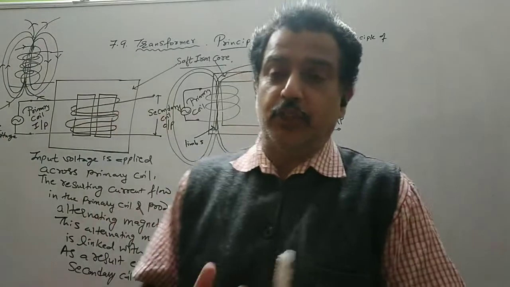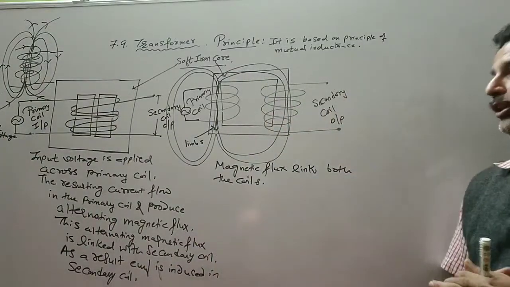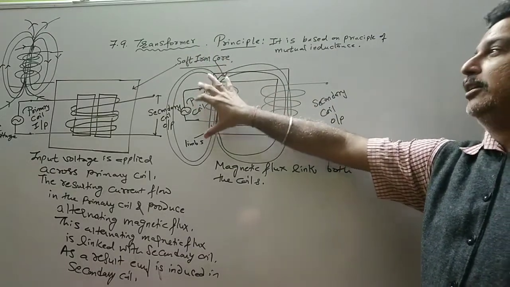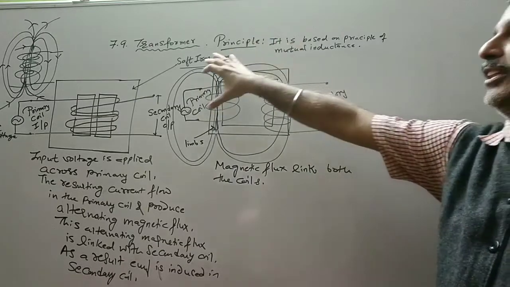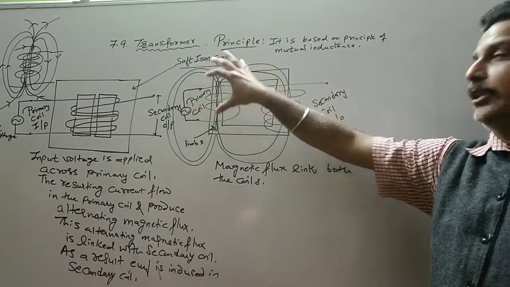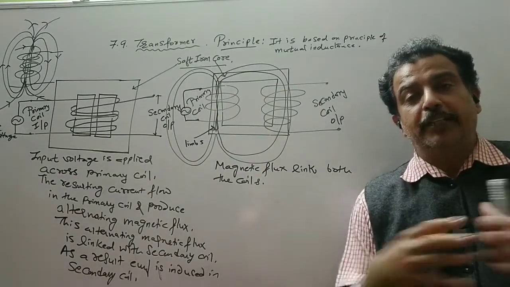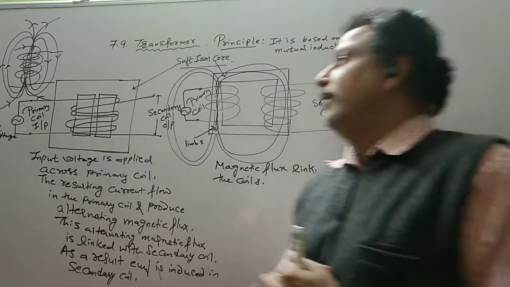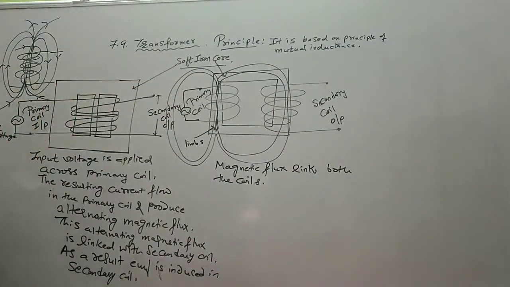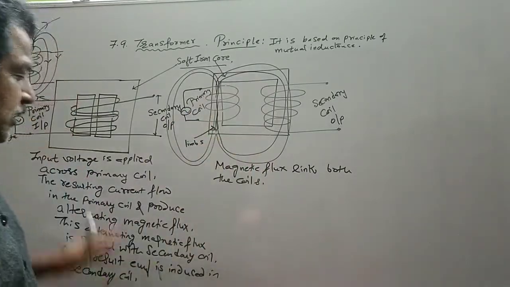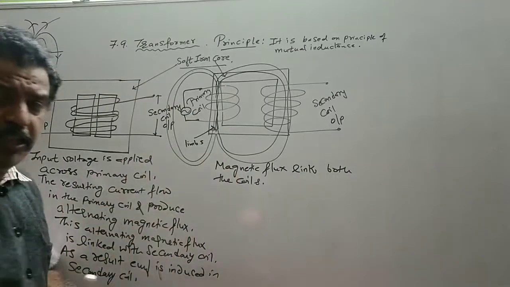We assume that there is no loss in this process. So all the magnetic flux of the primary coil is linked to the secondary coil with the help of a soft iron core. The advantage of taking the soft iron core is that it helps us to link the primary and the secondary coil efficiently and effectively, because this material has very high magnetic permeability, so there is no loss of any energy. So this is how both types of transformer work.